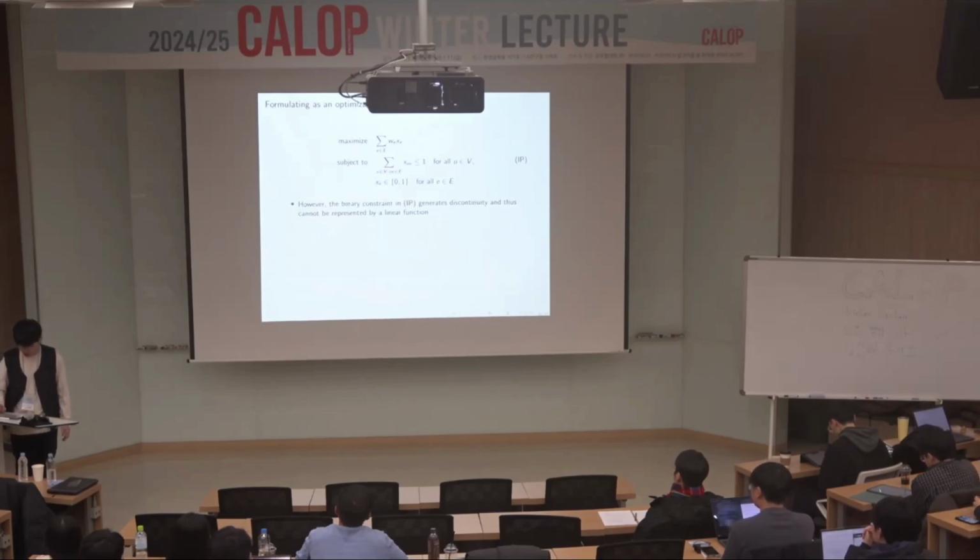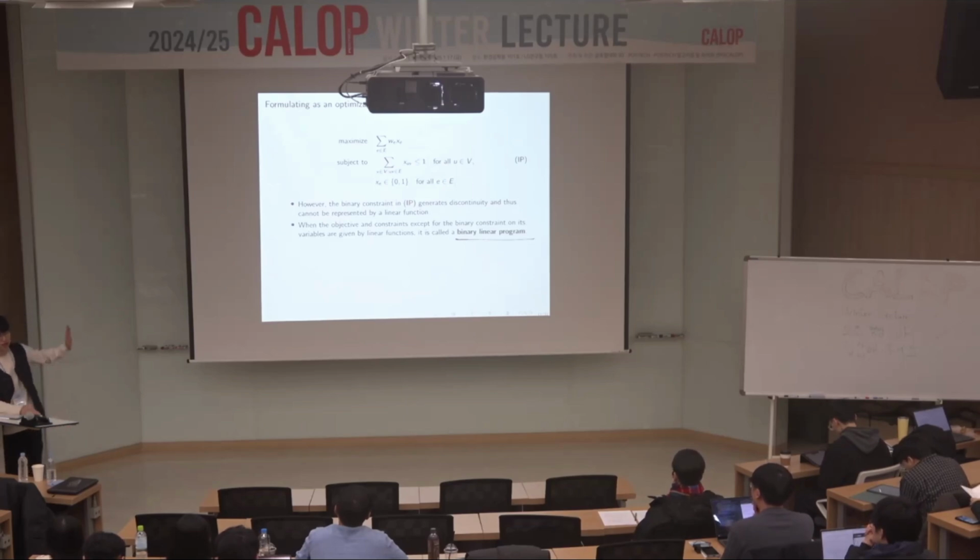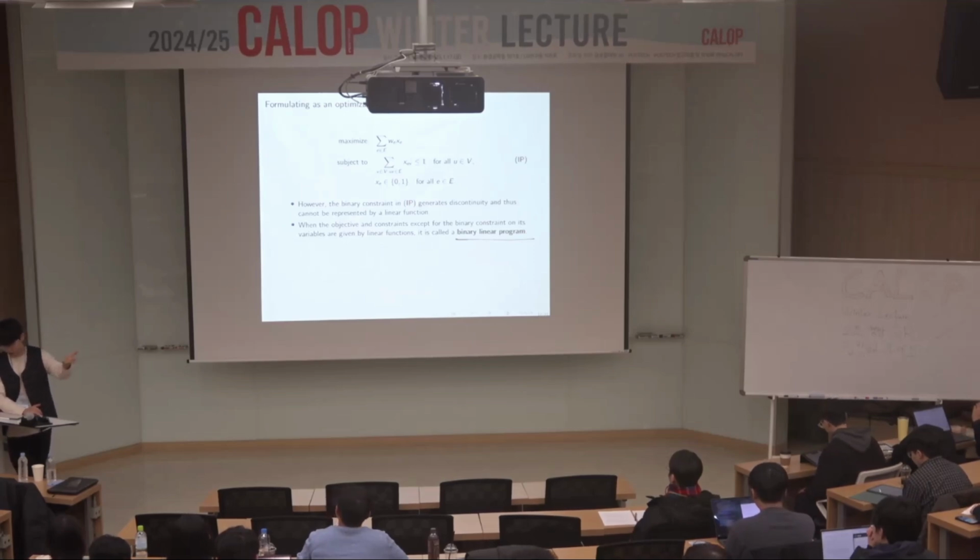This is called a binary linear program. This is almost a linear program except for these binary constraints. Except for the constraints that assign certain values to variables, if you have linear structure, then you say that the problem is a binary linear program.